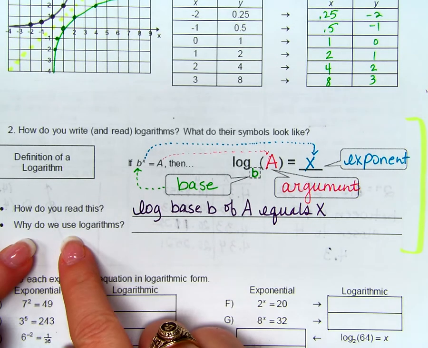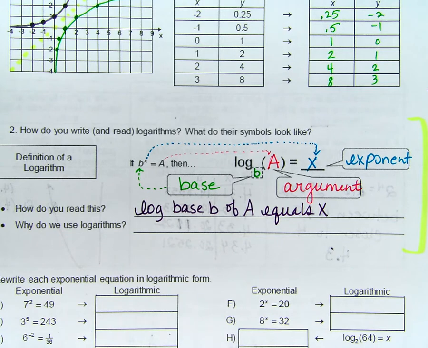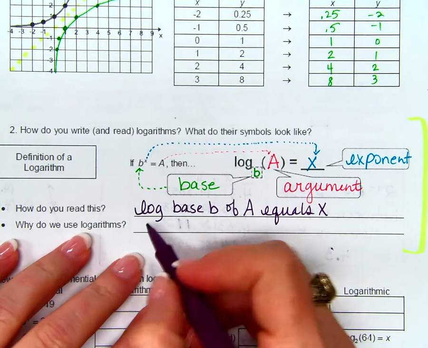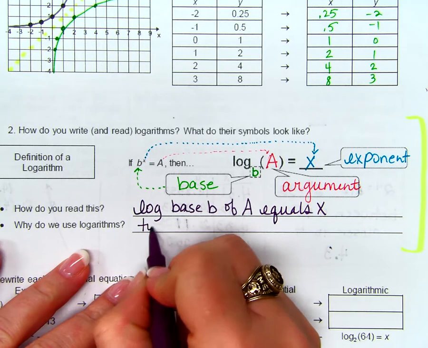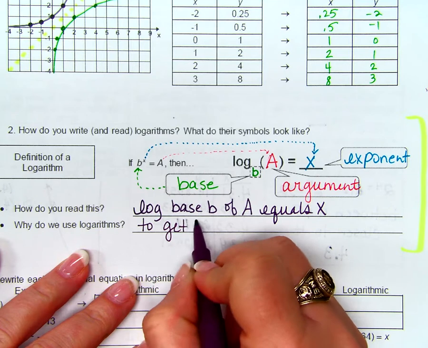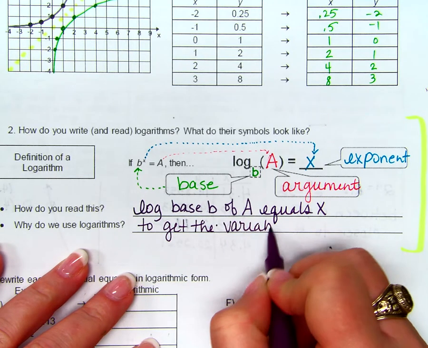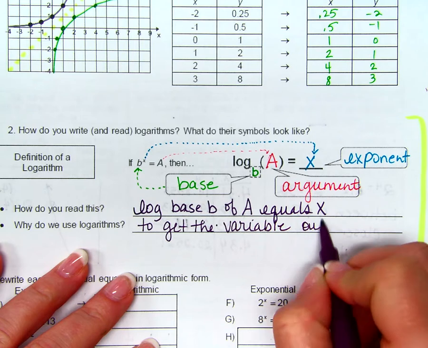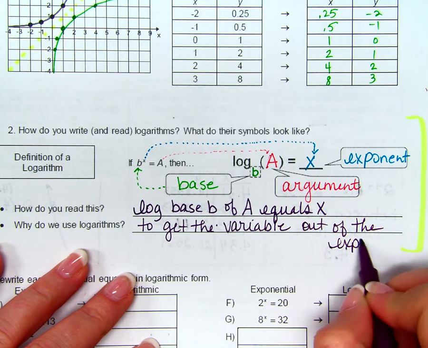Why do we use them? Yeah. Okay. Do you mind if I say it just a little bit different for us to write it down? To get the variable out of the exponent.